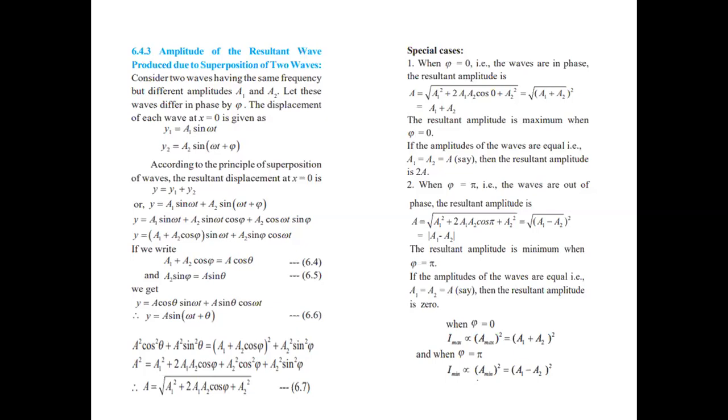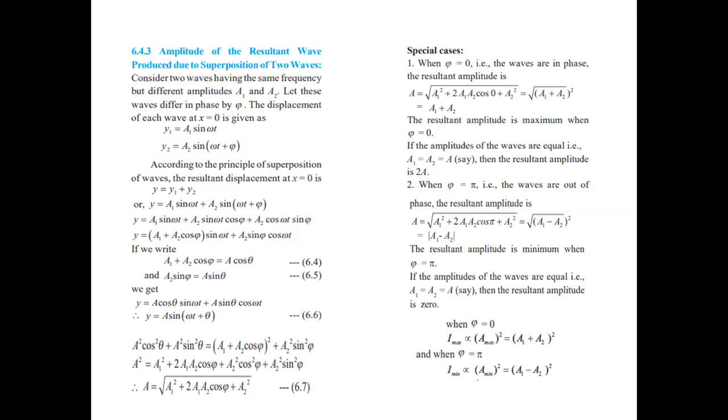y equal to A1 sin omega t plus A2 sin of omega t plus phi. In order to write down the further steps, we have to use the identity sin of a plus b equals sin a cos b plus cos a sin b.